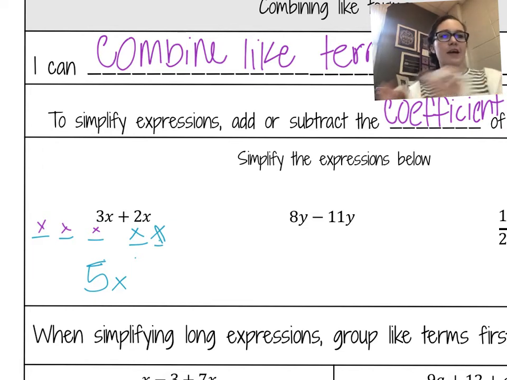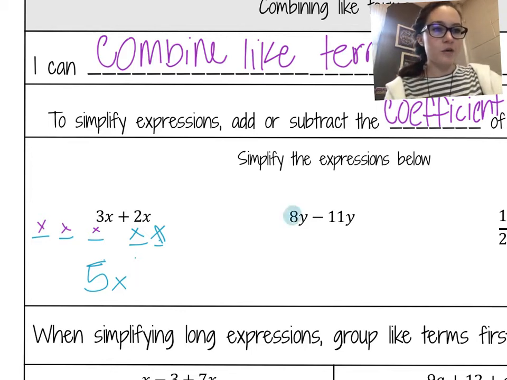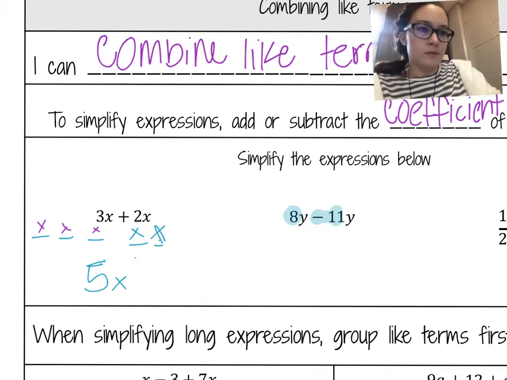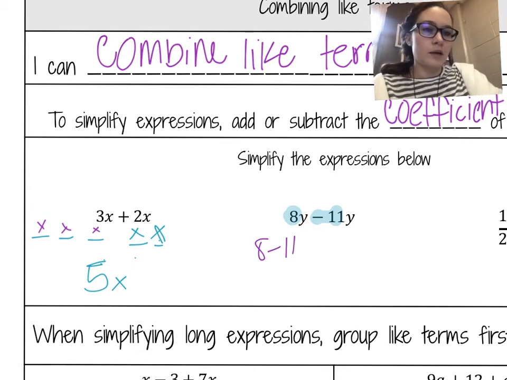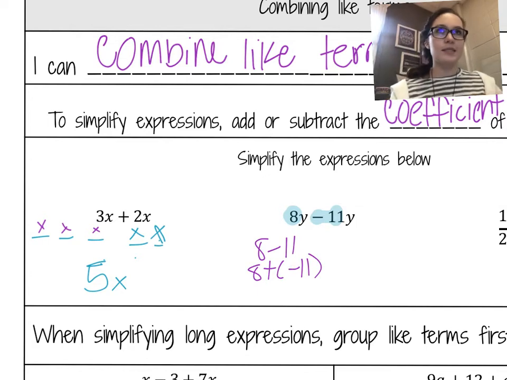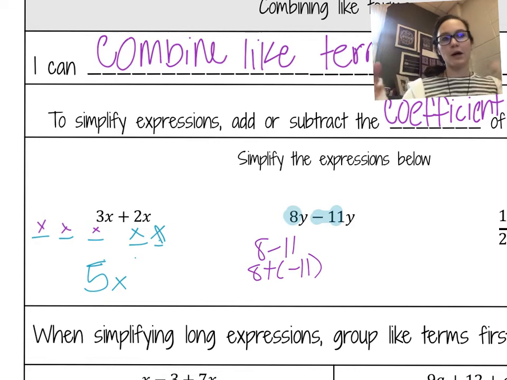Okay, if I had 8y minus 11y, we're going to take our coefficients and subtract them. So 8 minus 11. Okay, this is 8, same as 8 plus negative 11. Same signs, add the numbers, different signs, subtract. So one's positive, one's negative.